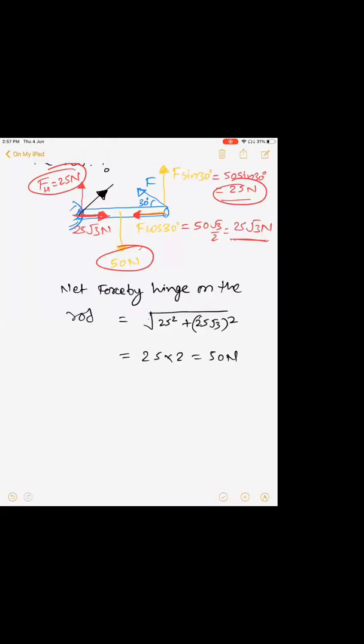Now the next question says that we have a rod. A uniform rod has weight 40 Newton and length 1 meter. At the center I'll apply the weight, 40 Newton.